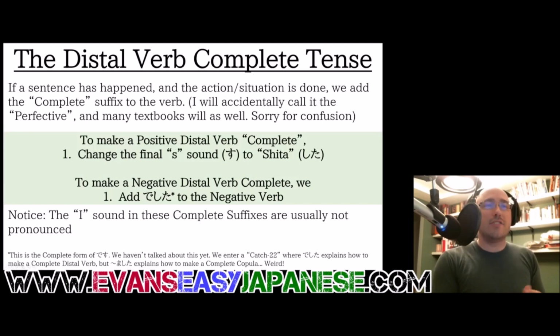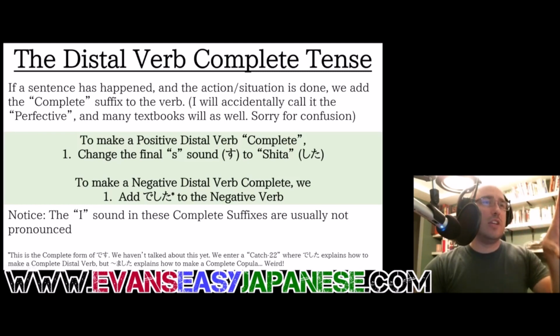And notice how that enters us into a catch-22, where deshita is a complete tense, and we're using a complete tense to create a complete tense. In order to make a complete tense, we have to make a complete tense. It's a crazy thing we're getting stuck in.